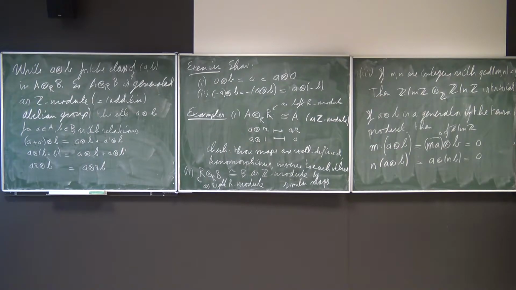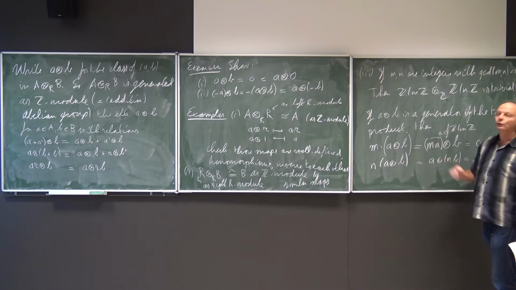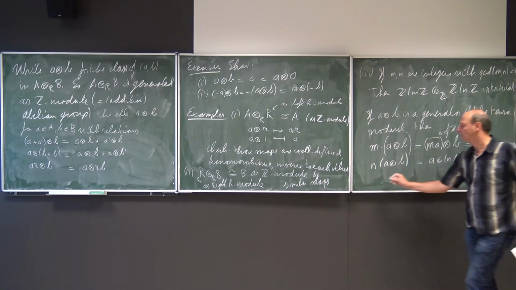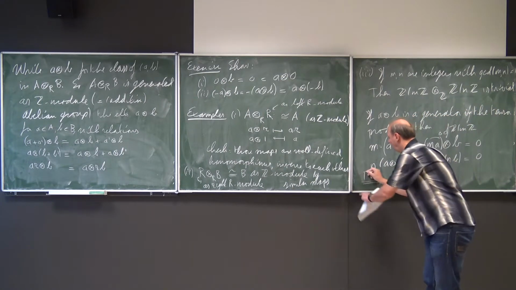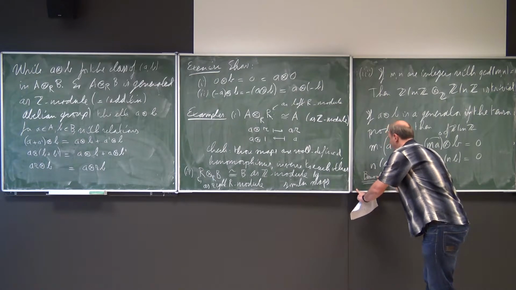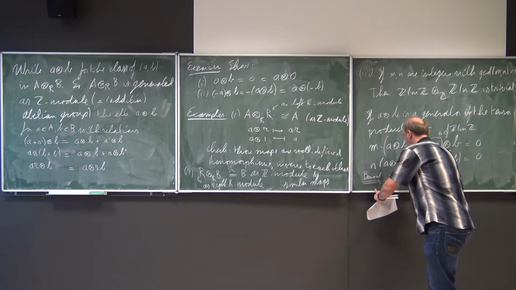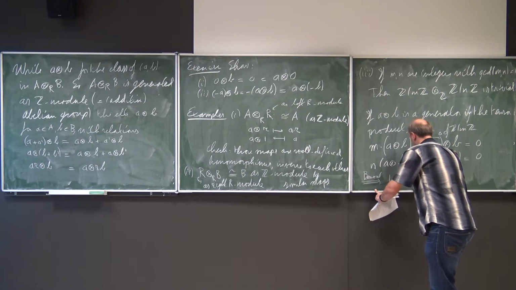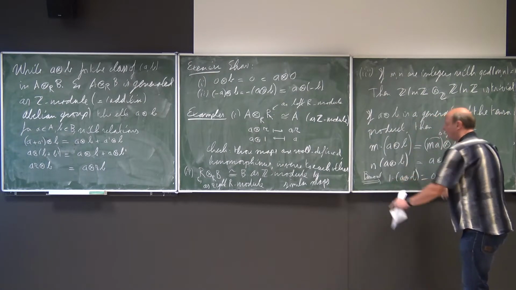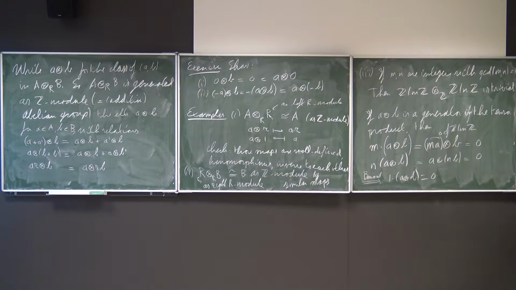Okay, and then because I assumed that the greatest common divisor of m and n was 1, I can take a linear combination using Bezout's formula for m and n. I check that 1 times a tensor b is going to be 0. Okay, so every generator is 0 in this tensor product, so the tensor product is automatically 0.